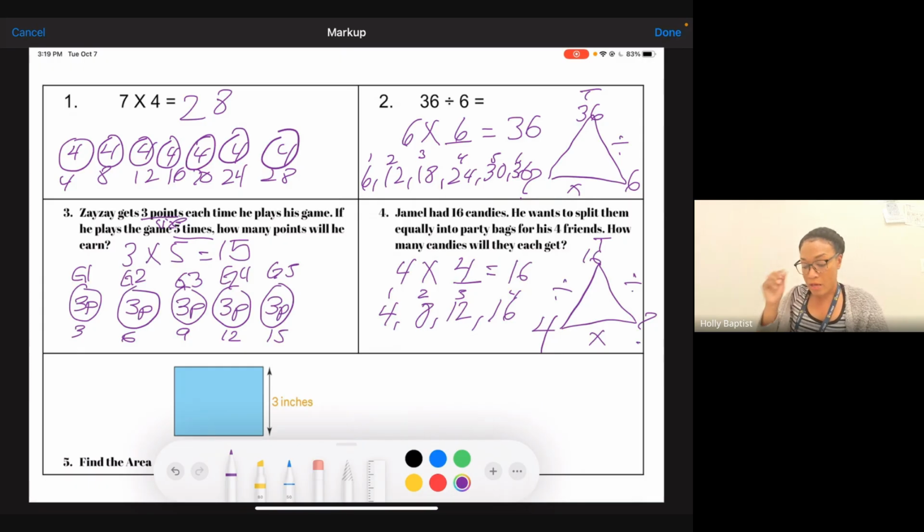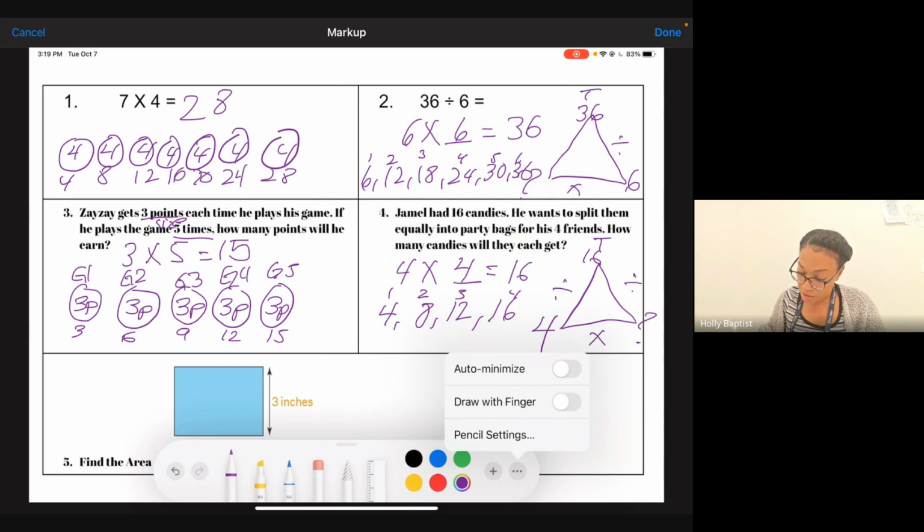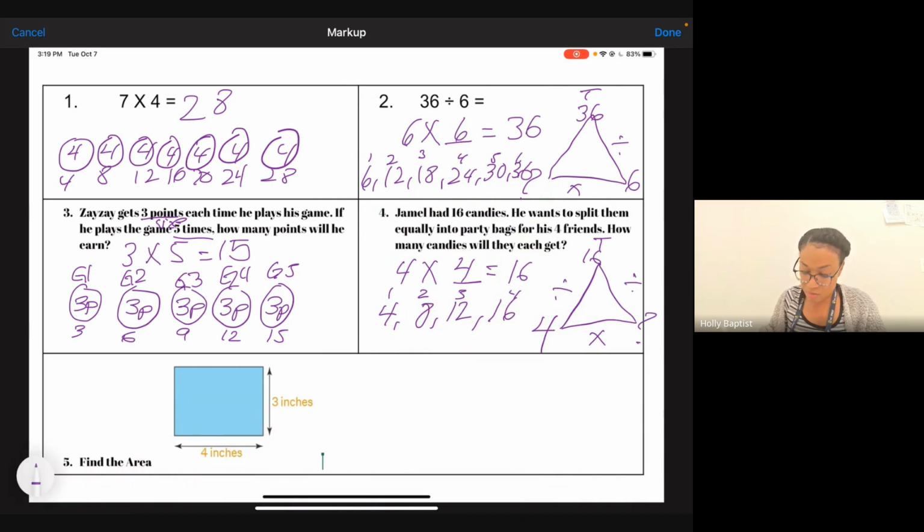Okay. So now let's go down to our last question. This is what we're currently working on, where preppies have to find the area. They've been taught how to find the area by either counting the squares or multiplying the side lengths. So I'm trying to minimize this. There we go. Okay. So our side lengths are 4 and 3. That means we can multiply 3 times 4 to figure out our area.